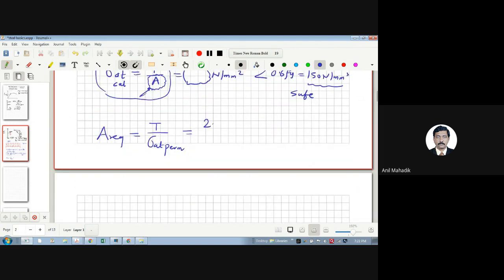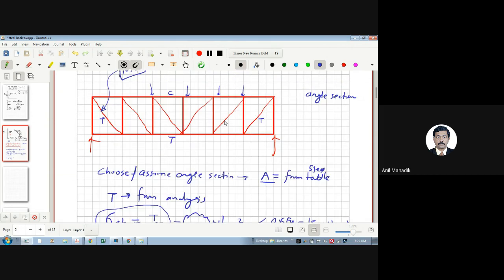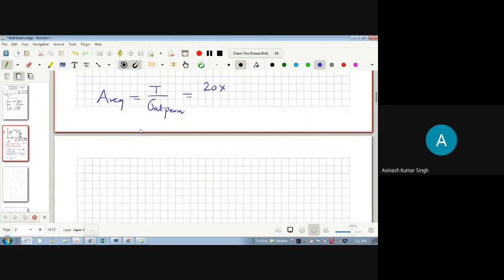So what is the tension? 10 kilonewton, and divide by permissible stress. Try to understand the stresses in a very simple manner, because our whole structural engineering design is based on stresses and permissible stresses. We are dealing with the area required, or the moment of inertia required or Z required.